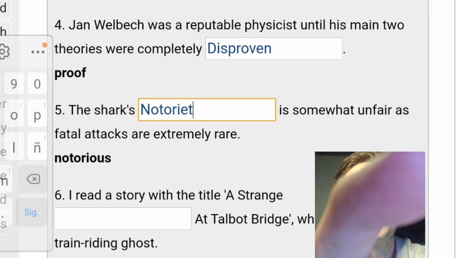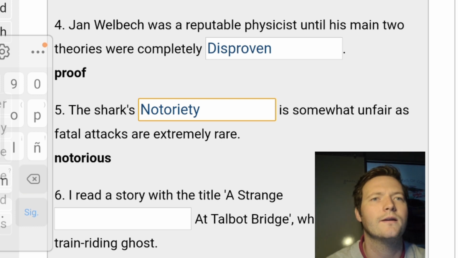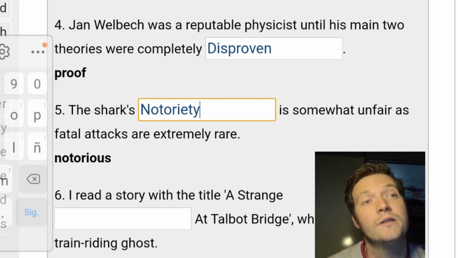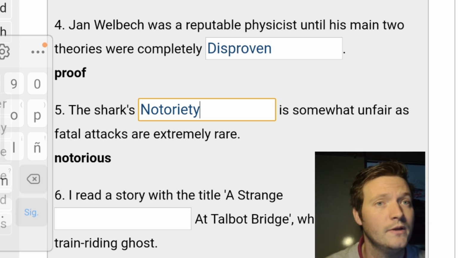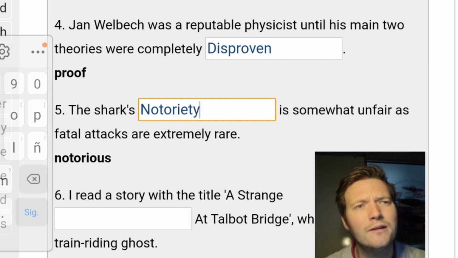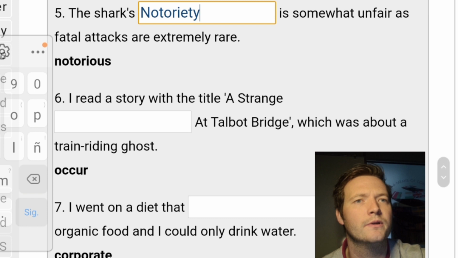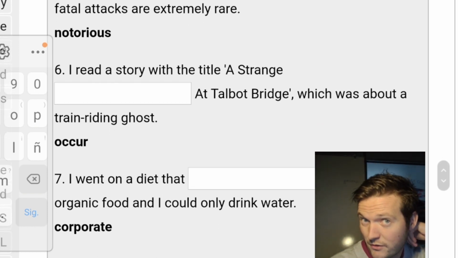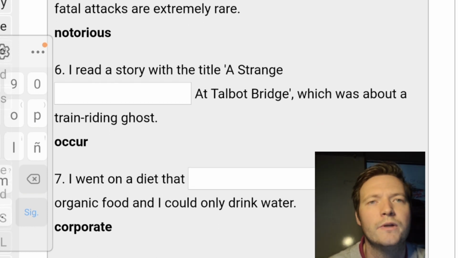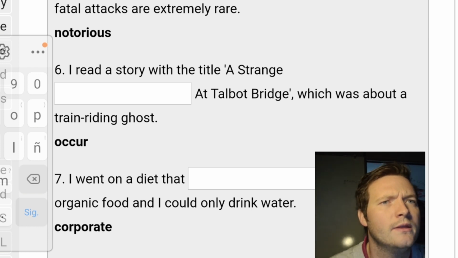Notoriety, I think that's right. The shark's notoriety is somewhat unfair, as fatal attacks are extremely rare. It's a little bit unjust, the fact that people are so scared, that sharks are so notorious. No, they don't really deserve their bad reputation. Very cuddly.